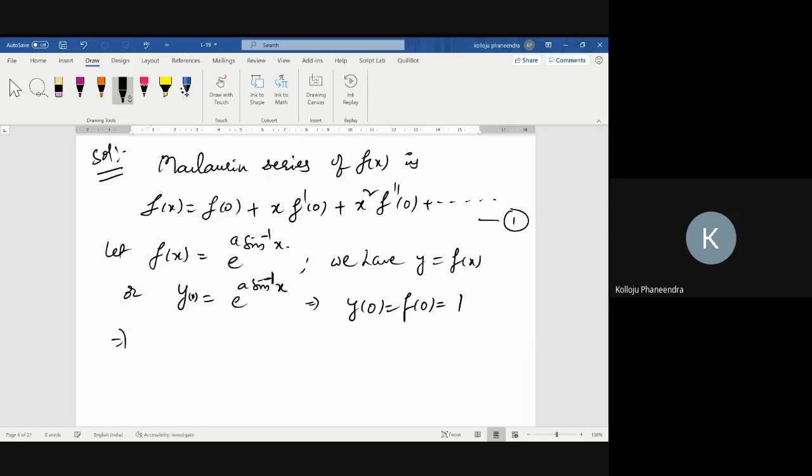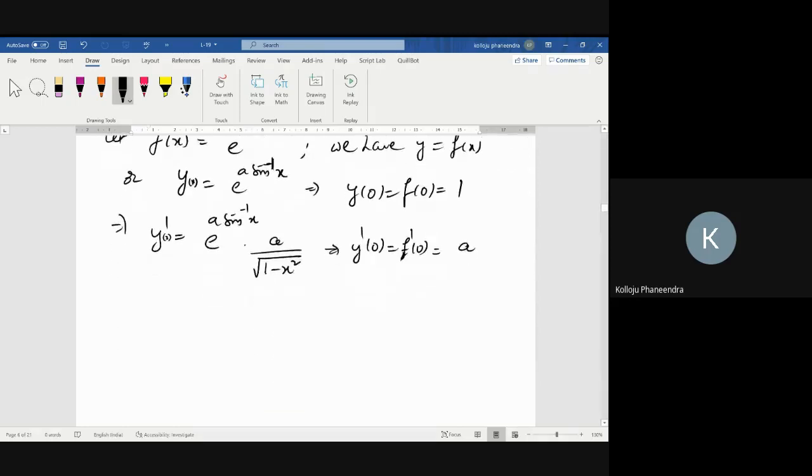Now coming to y dash: the derivative of e power f of x is e power f of x into f dash x, and the derivative of a sine inverse x is 1 by root of 1 minus x square. Next, y dash 0 is nothing but f dash 0, this is 1, and the value becomes a.